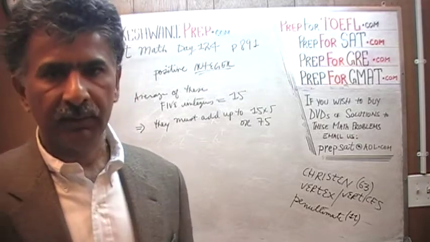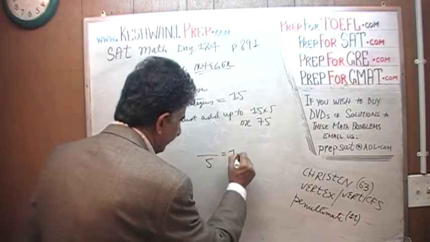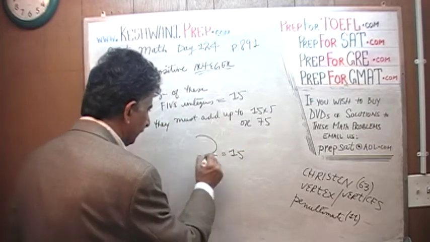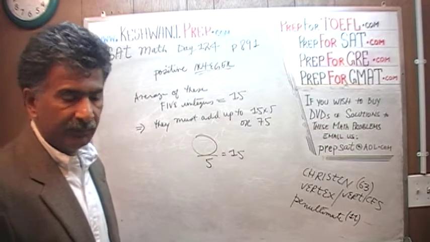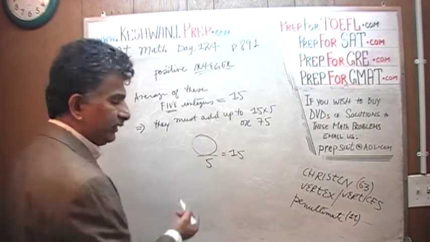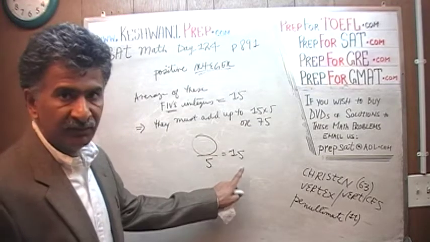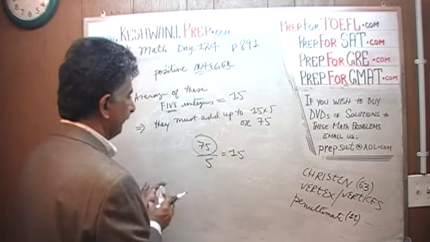There is no other number that can be divided by 5 and will yield 15. That's how you find the average. You take the sum and you divide by how many we have here. We have 5 of them here. So the only number that we can divide by 5 and yields 15 is 75. As you can clearly see, 5 times 15.